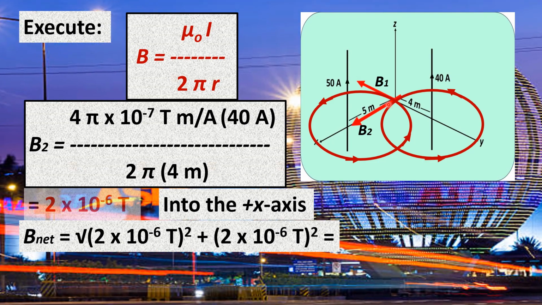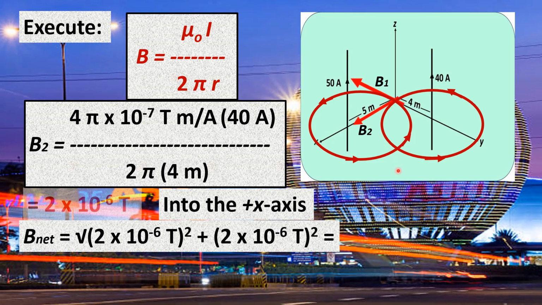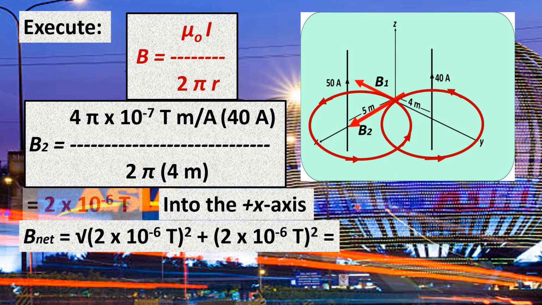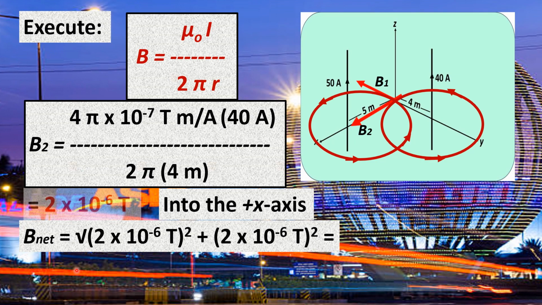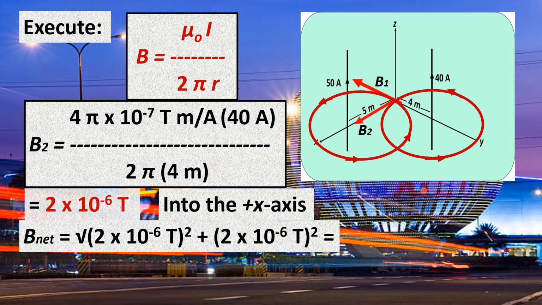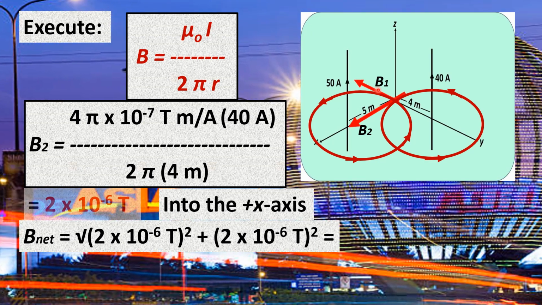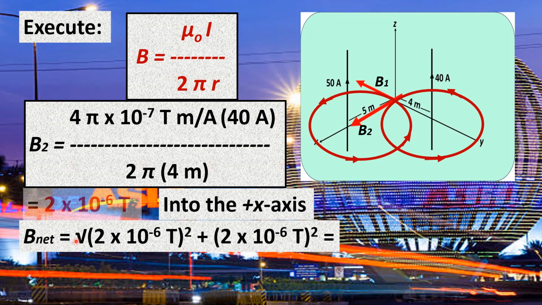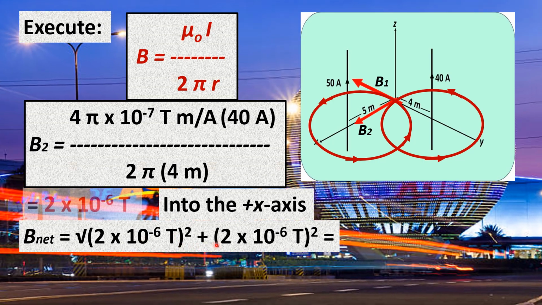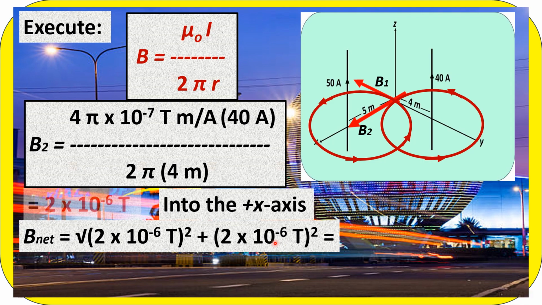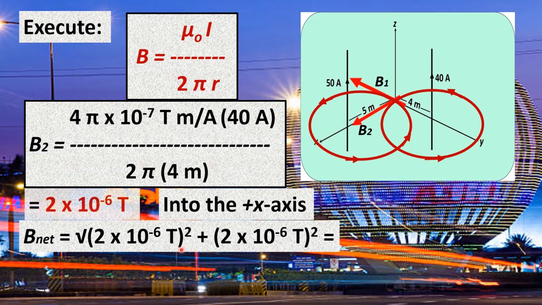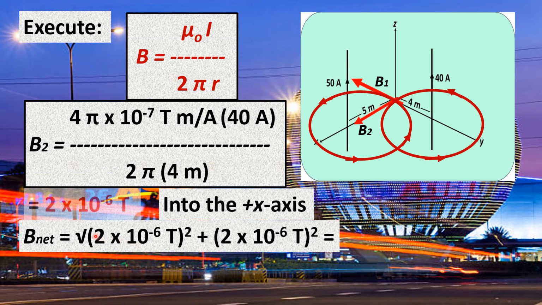And determining their vector sum, which is our target variable, we call it the net magnetic field. We will be using the Pythagorean formula. That is, B net is just equal to the square root of the sum of the squares of the two magnetic fields. Since they both have the same magnitude, we just have it here.